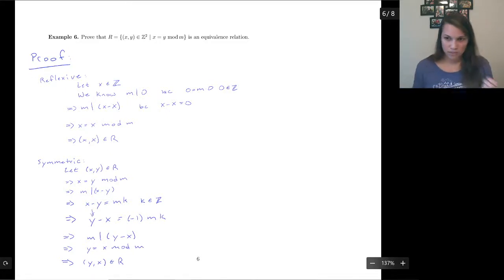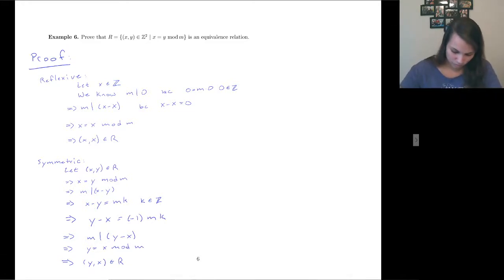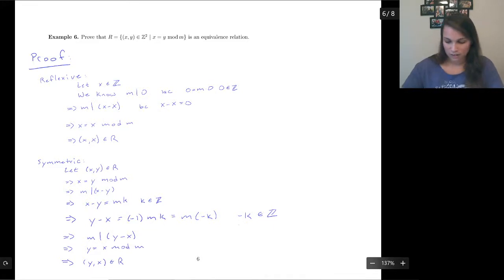So that I can switch the order that y and x are in. Same thing as multiplying both sides by -1. And so that's going to be m times -k, and then -k is going to be our integer.